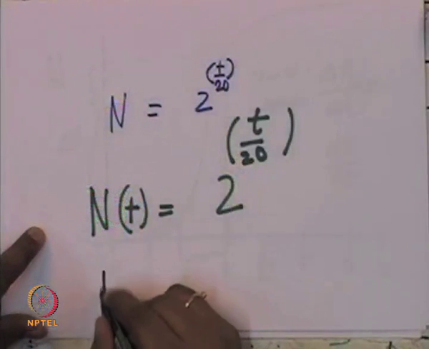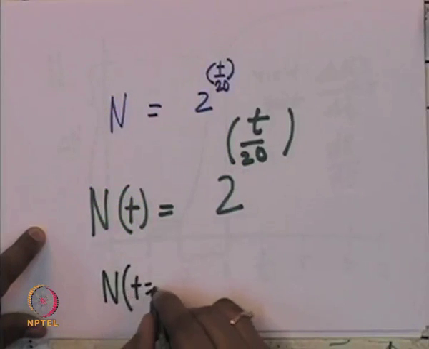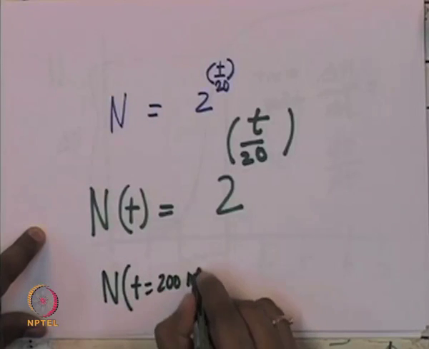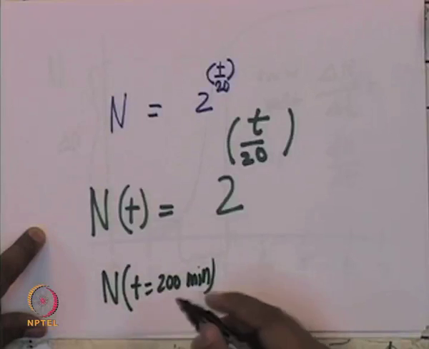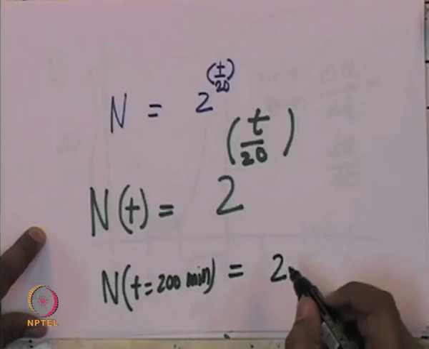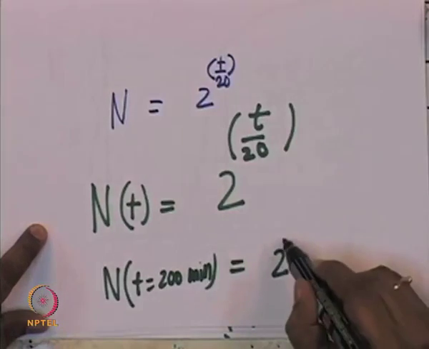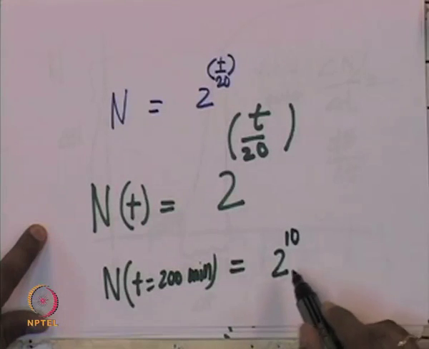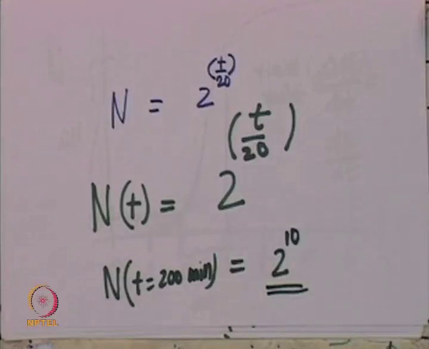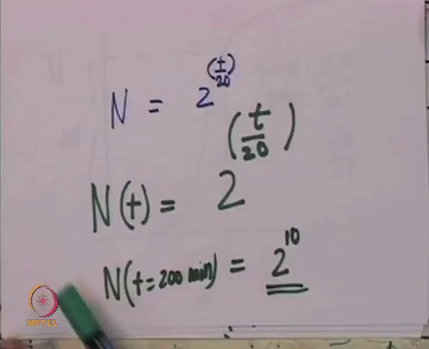So let us go back here. n at t equal to 200 minutes is equal to 2 power 200 divided by 20, which is 10, so it is 2 power 10. There will be 2 power 10 bacteria. Let us see what we get when we plot this function n equal to 2 power t by 20.